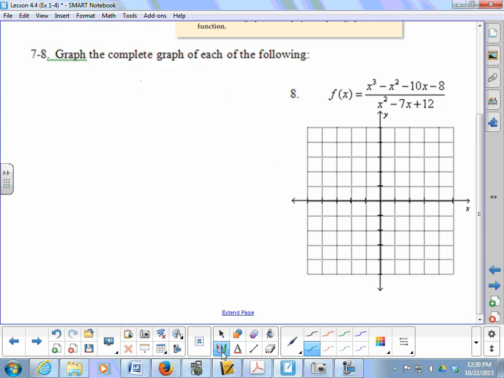If you want to go with your table, go with the graph, use the app, whatever it takes, we want to factor the numerator first. In this case, because of the cubic, it doesn't matter how you go about doing that. We are finding the zeros, but we're actually going to do that by factoring.